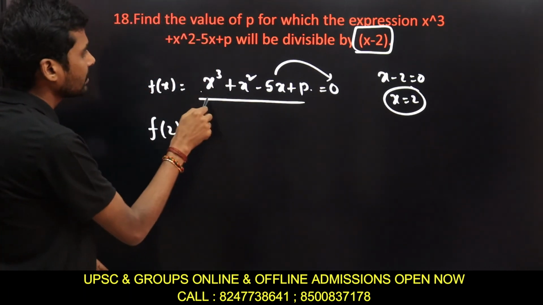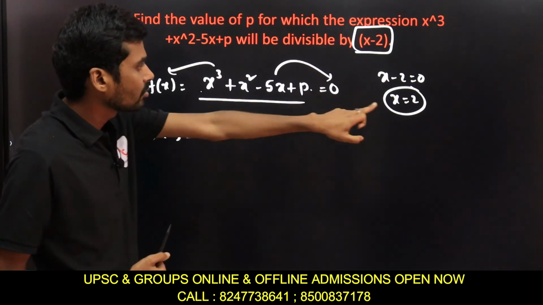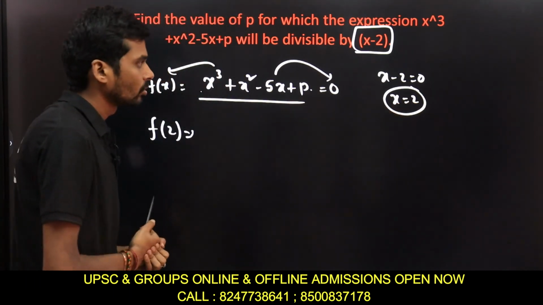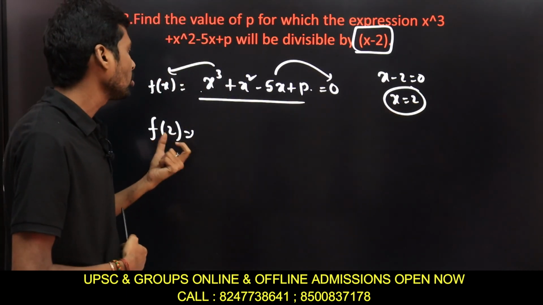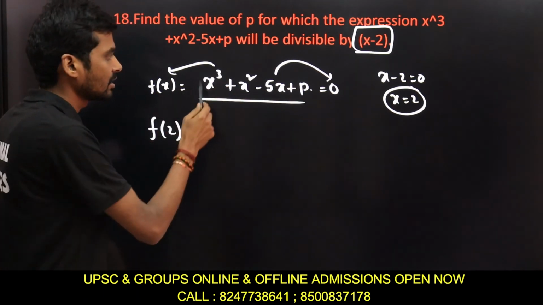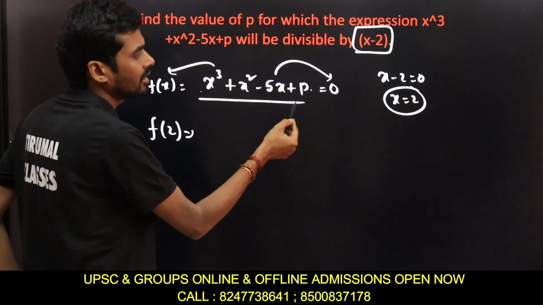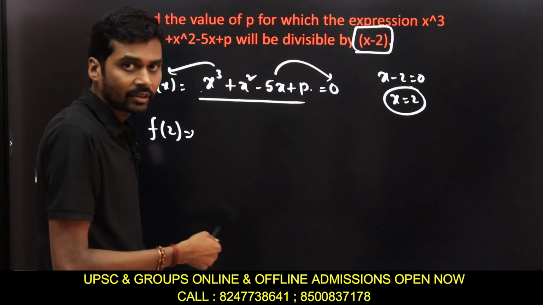And suppose I represent this as f of x, instead of x, what is the value we are getting? 2. Just take the value of x as 2 in the equation x cube plus x square minus 5x plus p, and since it is an equation we have to equate it to 0.